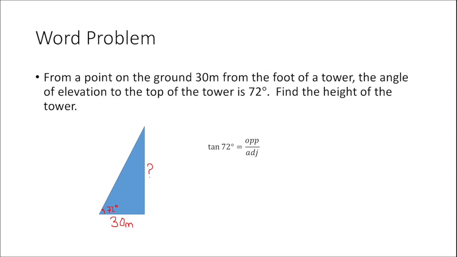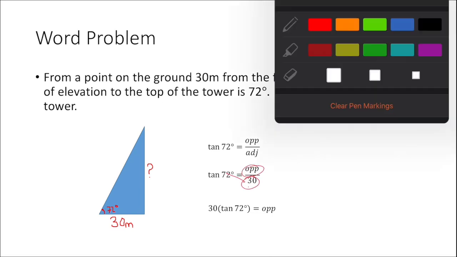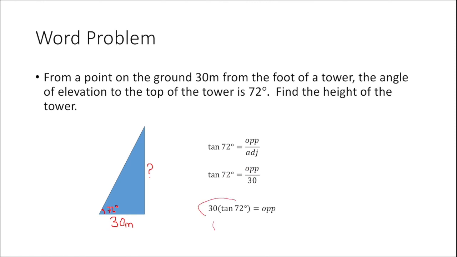Okay, so my opposite is unknown. My adjacent is 30. My angle is 72. So I cross multiply: 30 times tan of 72 equals opposite. Always remember, tan of 72 just corresponds to a constant number.